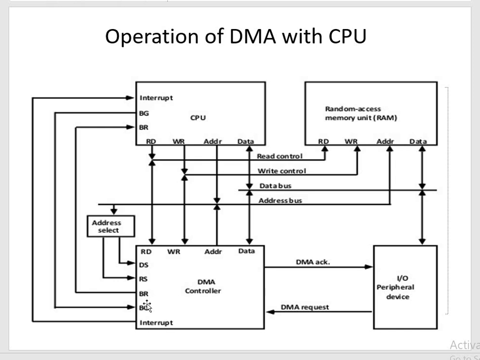and once the DMA receives the bus grant signal from the CPU, it is ready to establish the direct link between the source and destination. Say I want to transfer or receive data from this RAM. Once the bus grant signal is received, the DMA establishes the direct link between source and destination, so data moves directly.